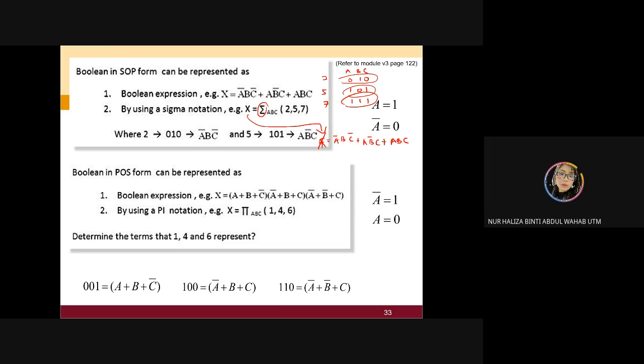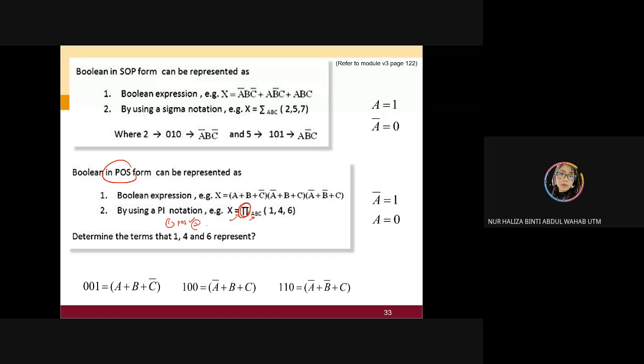You can also do this for your POS, which uses pi notation. First of all, similar to your SOP, you need to know what Boolean expression it is. It is going to be POS. Second, you need to know how many variables.